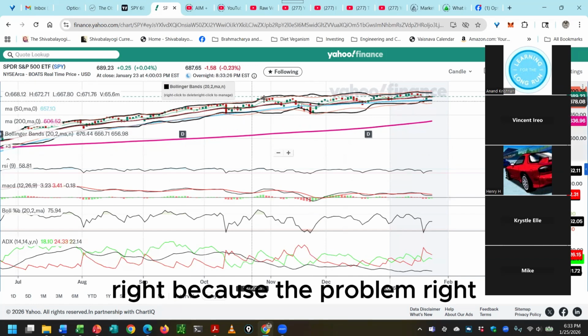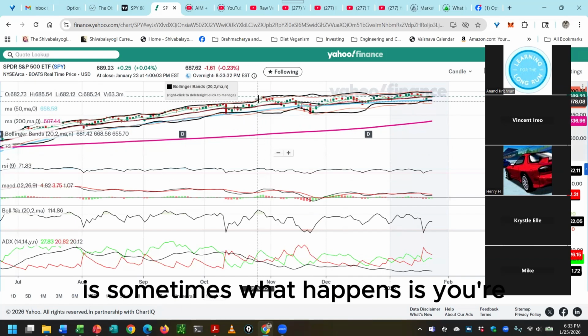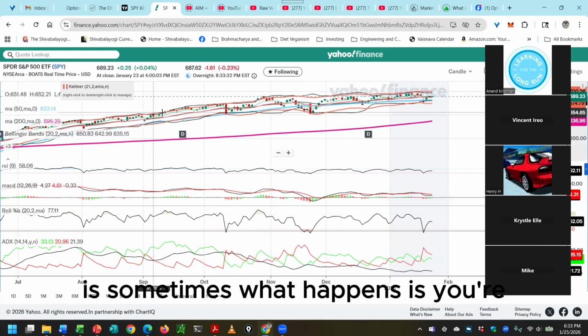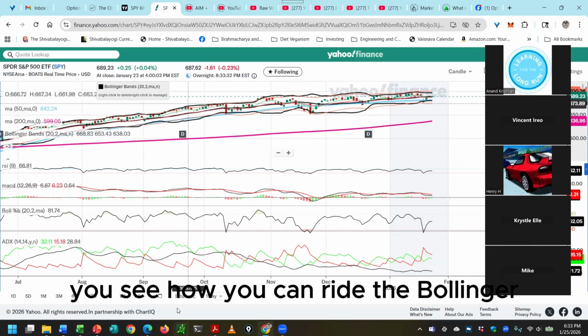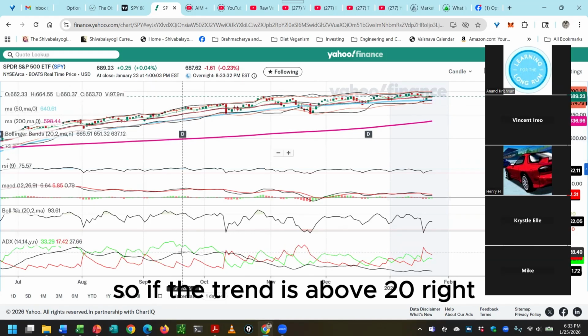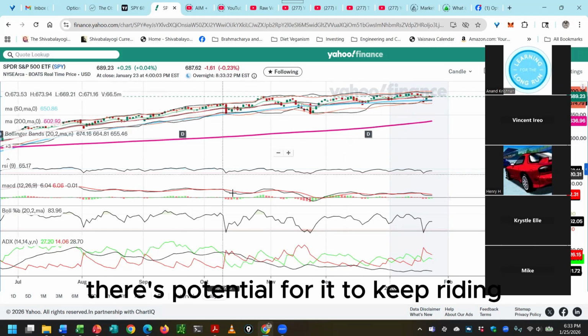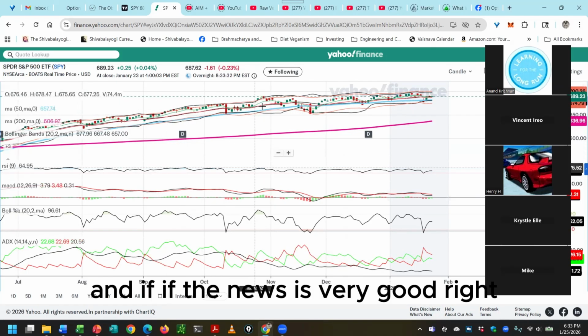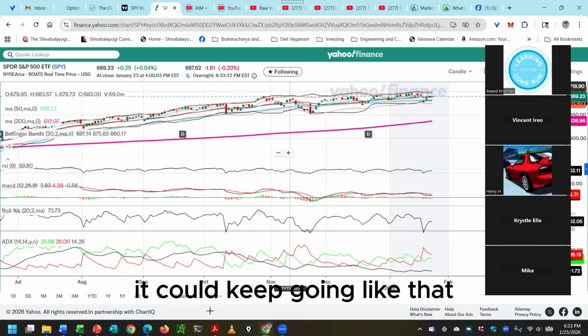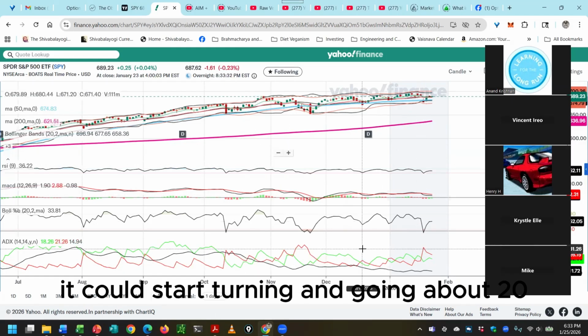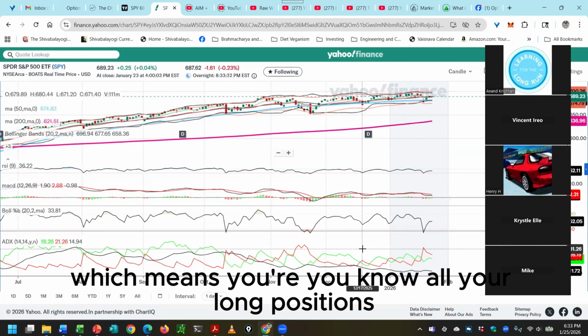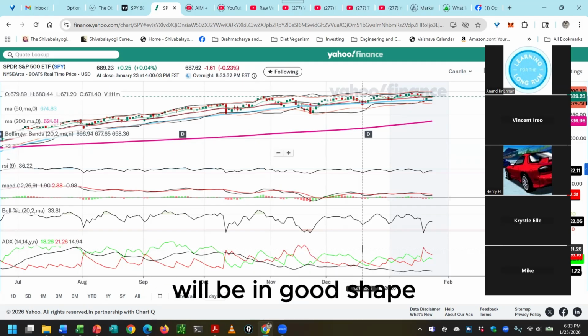Okay. Thank you. Because the problem is sometimes what happens is you see how you can ride the Bollinger. So if the ADX shows above 20, there's potential for it to keep riding. And if the news is very good, it could keep going like that. It could start turning and going above 20, which means all your long positions will be in good shape.